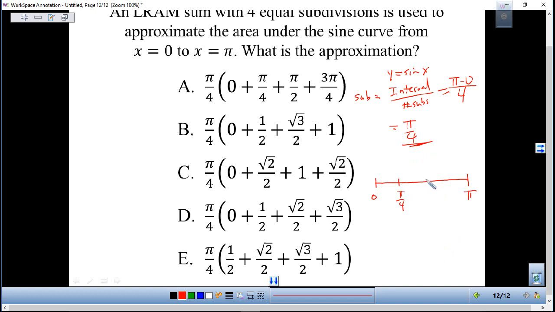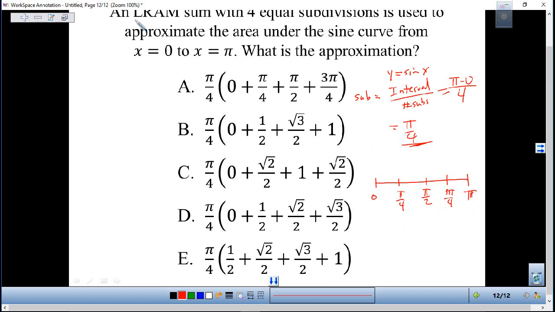We're going to go from pi over 4 to 2 pi over 4, or pi over 2. From pi over 2, we're going to go up pi over 4 to get 3 pi over 4. And from 3 pi over 4, we're going to add pi over 4 more to get 4 pi over 4, which is pi. So there are our subintervals right there.